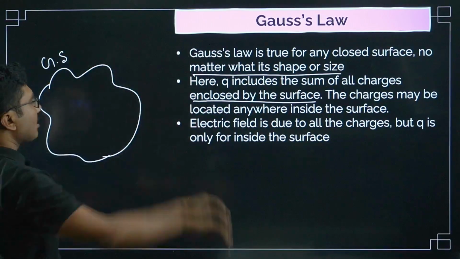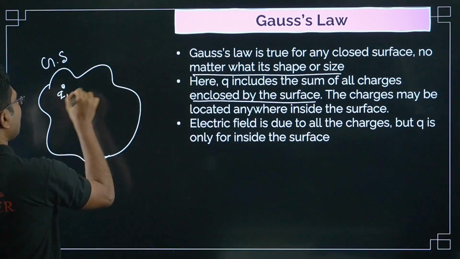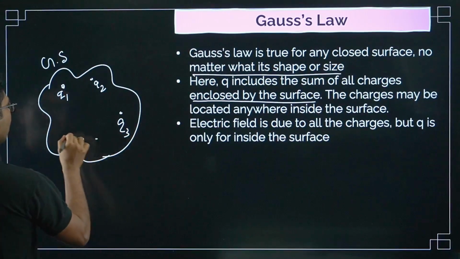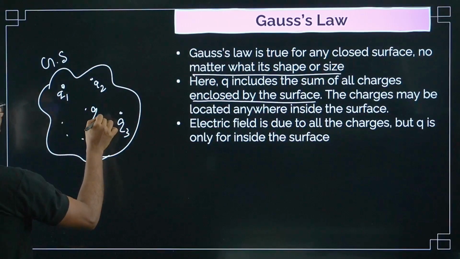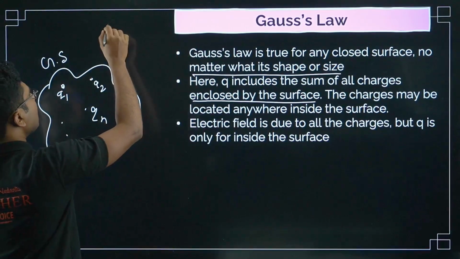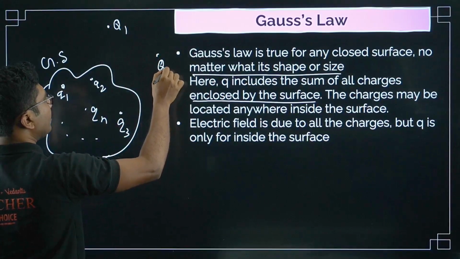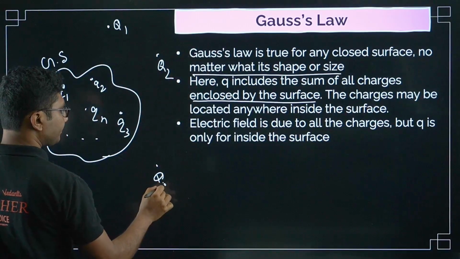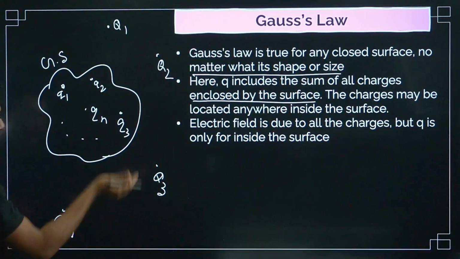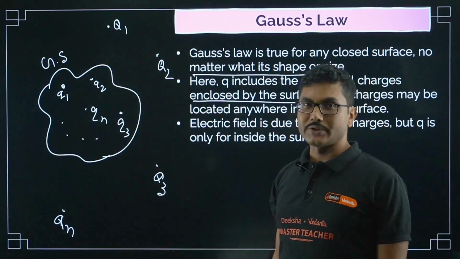Now inside the Gaussian surface we have q1, q2, q3, and so on. Say we have n number of charges inside this surface, and we also have some charges capital Q1, capital Q2, capital Q3, up to capital Qn outside the surface. All small q's are inside, all capital Q's are outside.